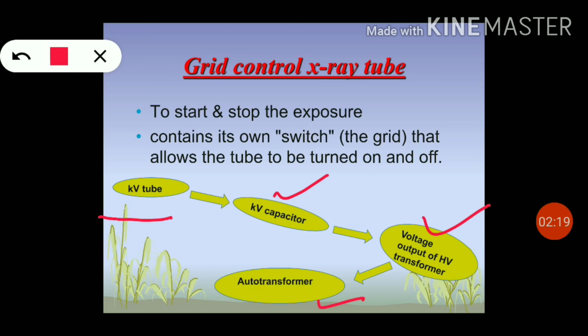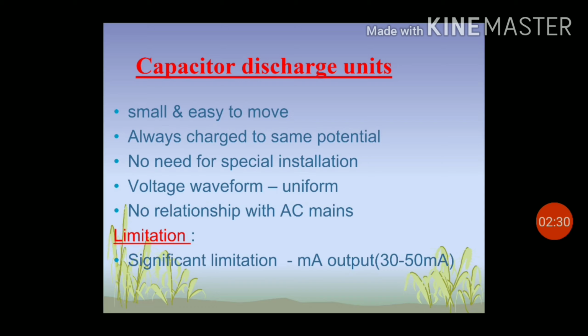Capacitor discharge units are small and easy to move here and there in the hospital premises. Capacitors are always charged to the same potential and there is no need for special installation, as only power is required to charge the capacitor.